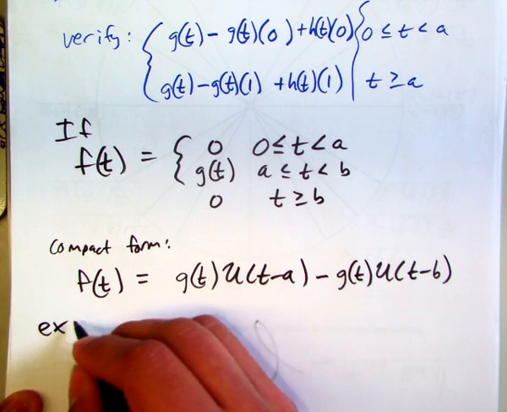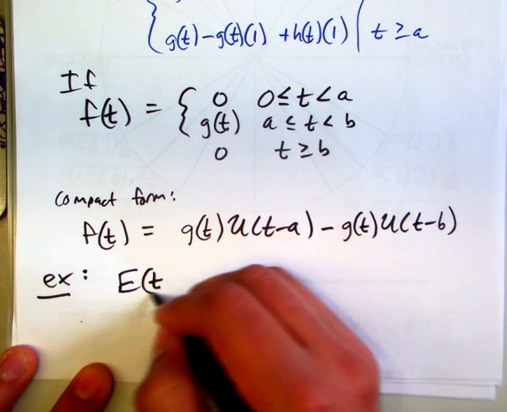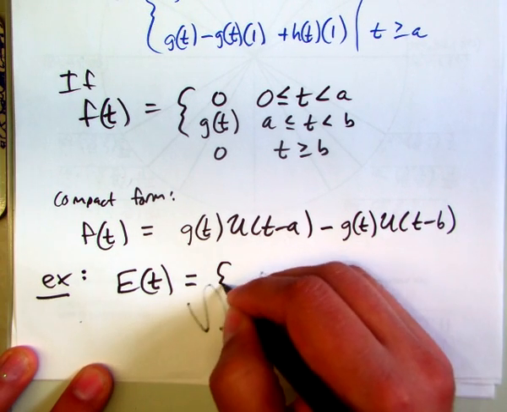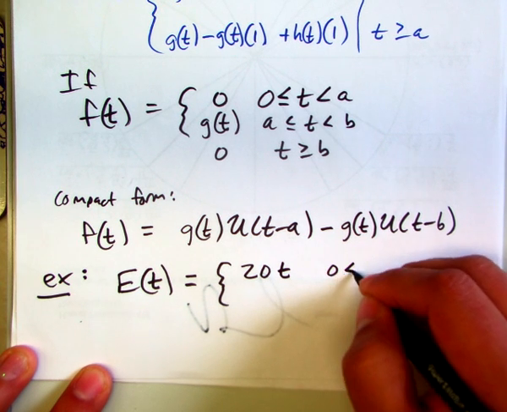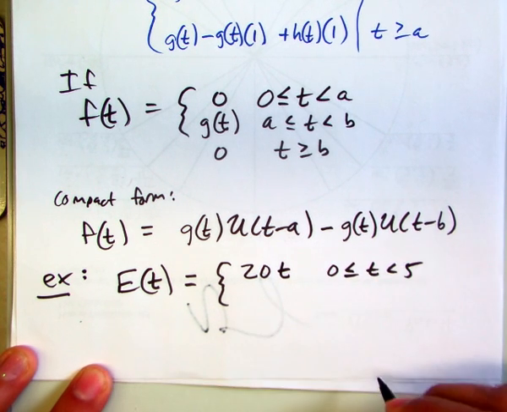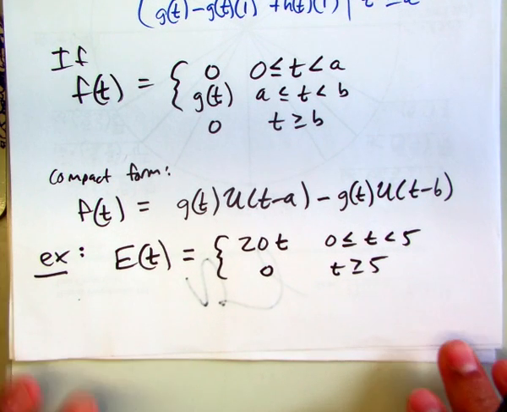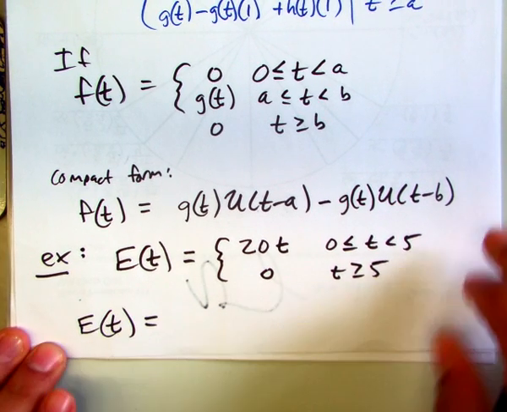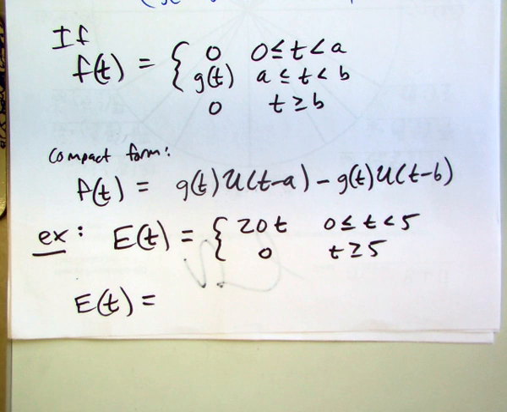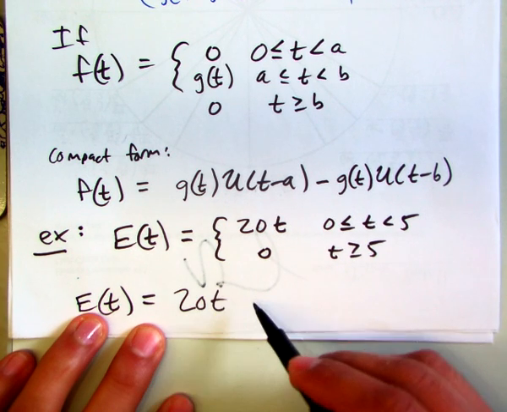Here's an example to try real quick before you guys get out of here. Let's say we have e of t, so maybe this is like an LRC circuit, equal to 20t for 0 to 5, and then shuts off after 5. How would I write this in compact form? 20t minus 20t u of t minus 5.